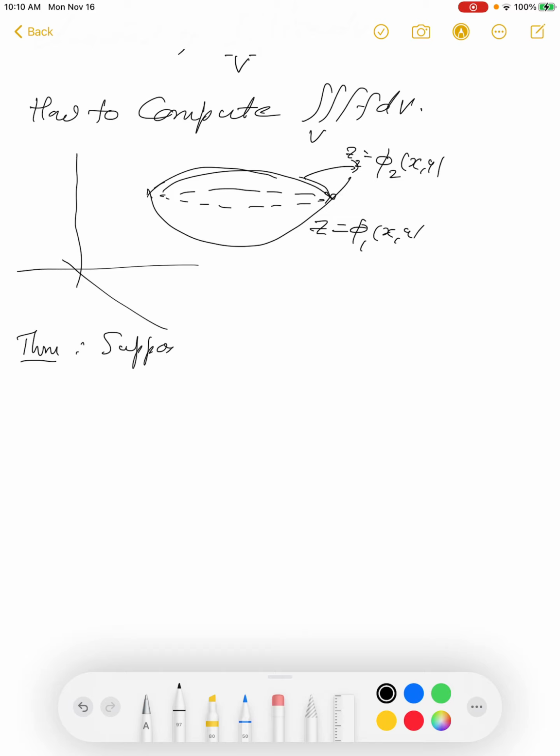Suppose, so I'm going to make an assumption, and let me complete this picture first. Let's drop a projection, and this is your region D in the plane.